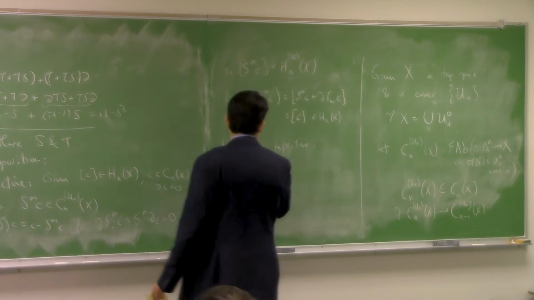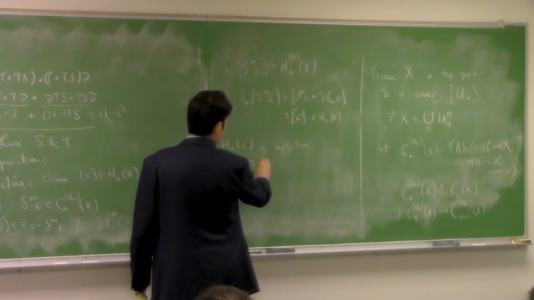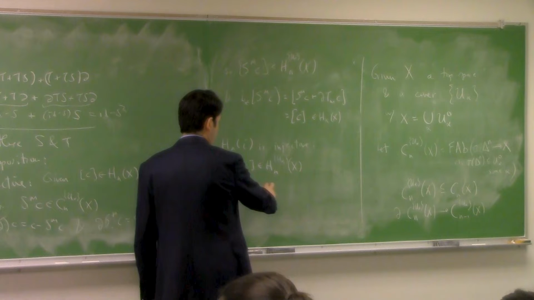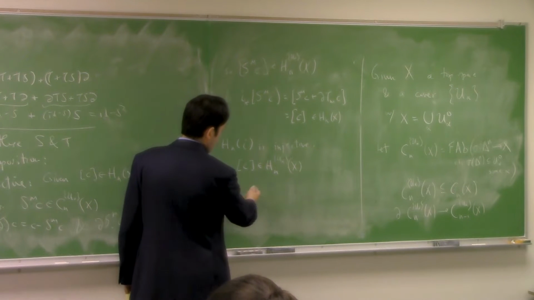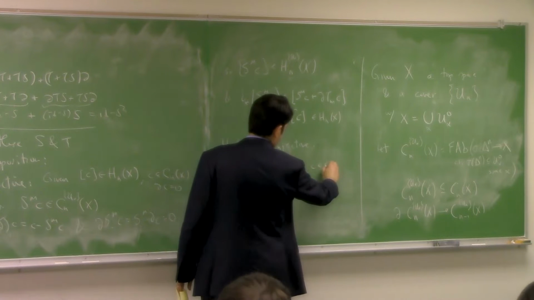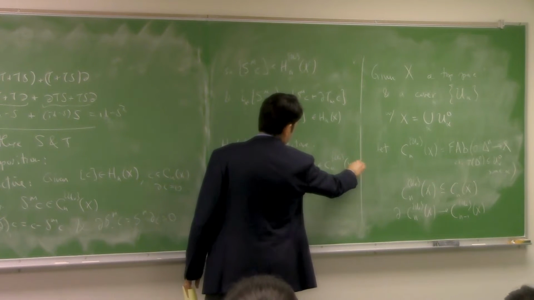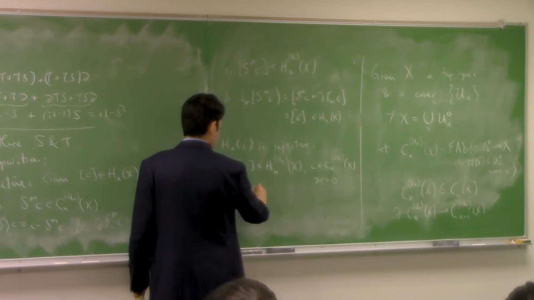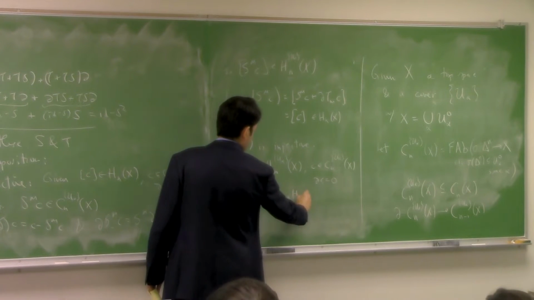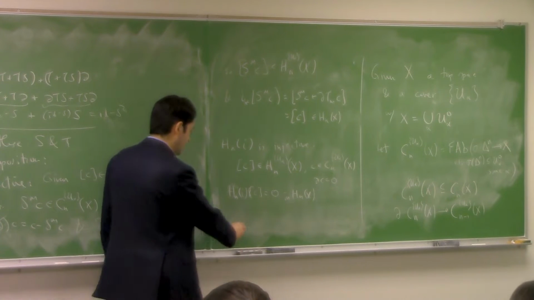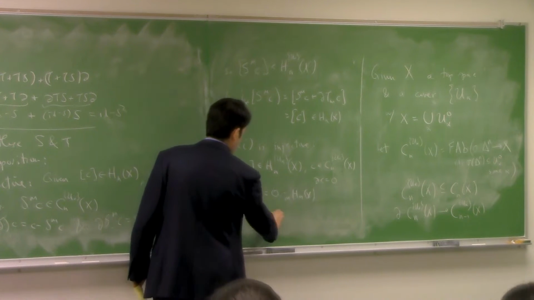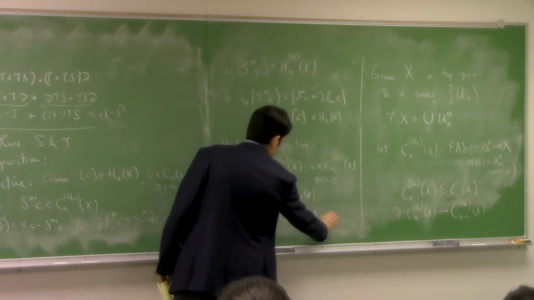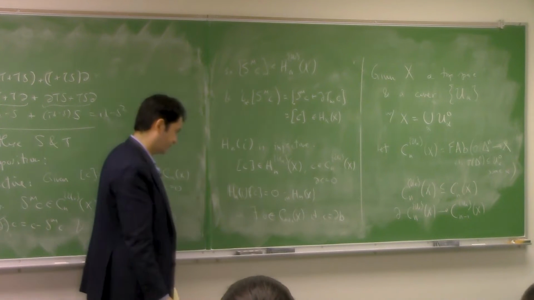So assume that you have a class in H_n of U alpha of X such that, right, so this is represented by a chain in here with boundary of C equal to 0, and assume that H_n i of C is equal to 0 in H_n X. So that's the same as saying that there exists a B in C_{n+1} of X such that C is equal to the boundary of B. Right?